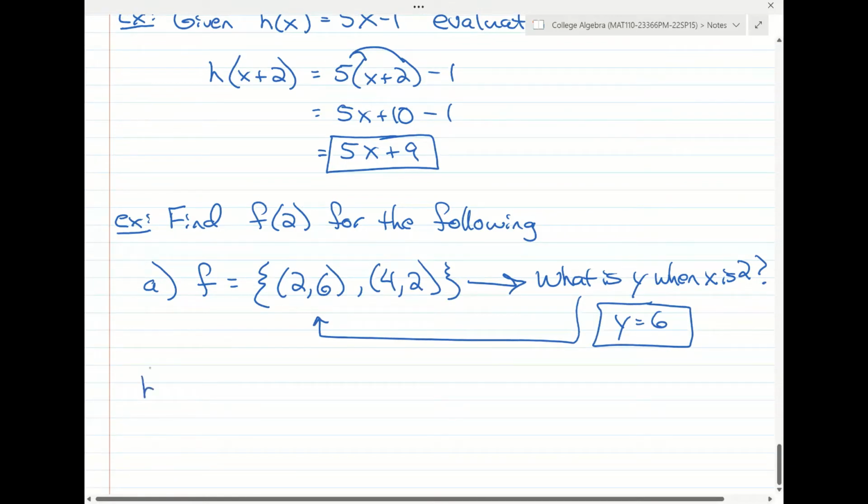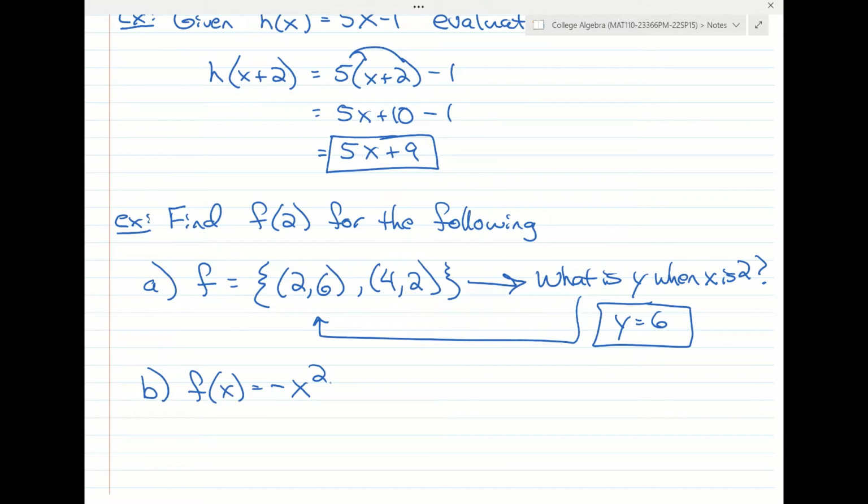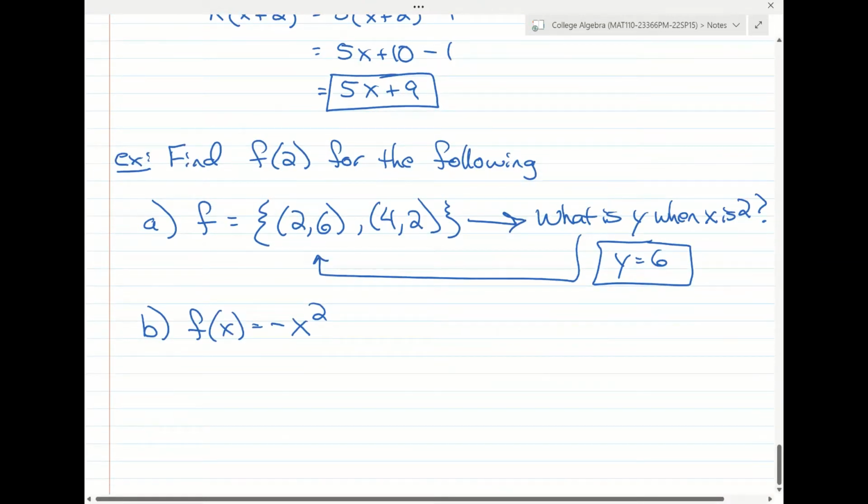What about if I said f of x is equal to negative x squared? I'm asking you to find f of 2. What this means is we just put 2 in for the x's like we did before.